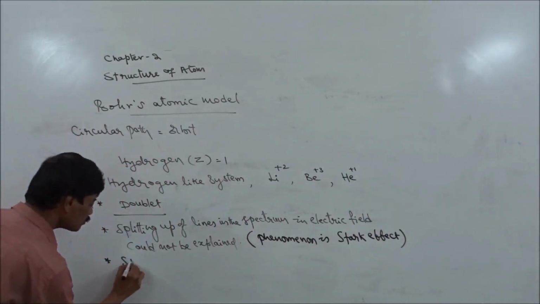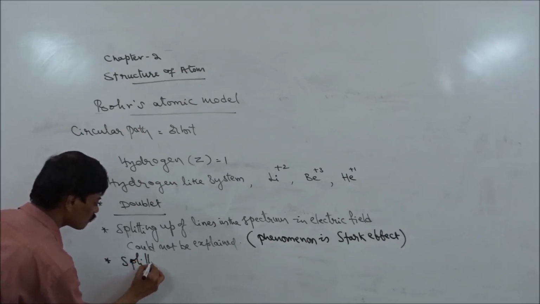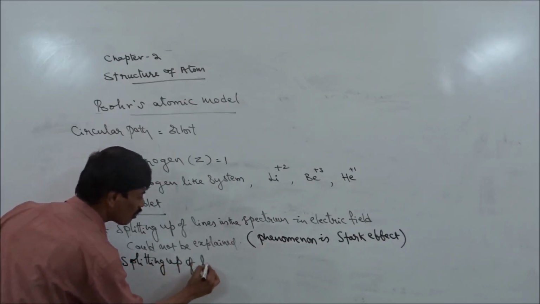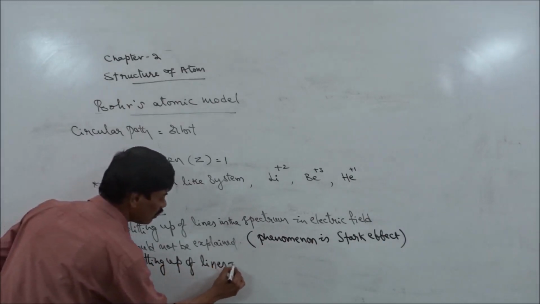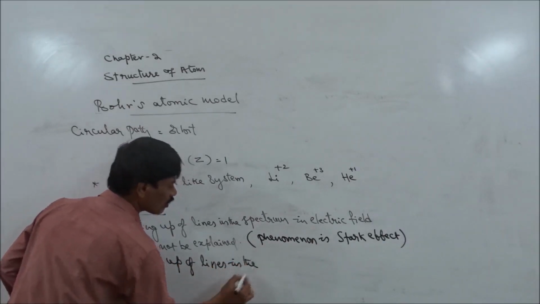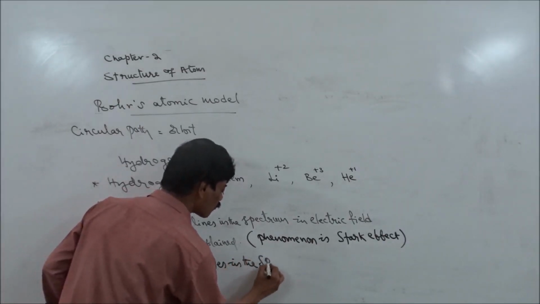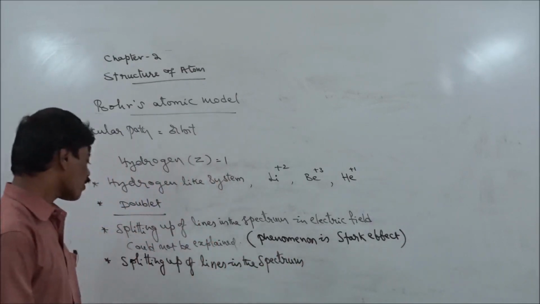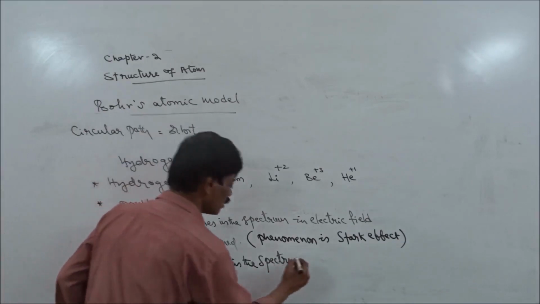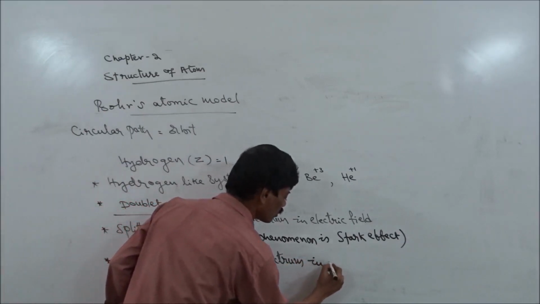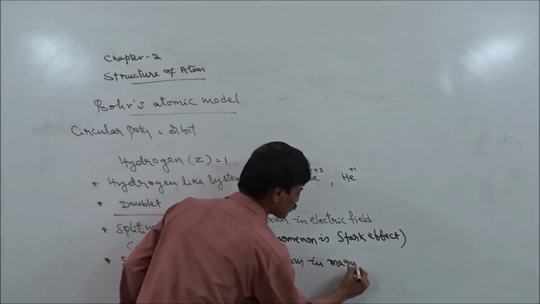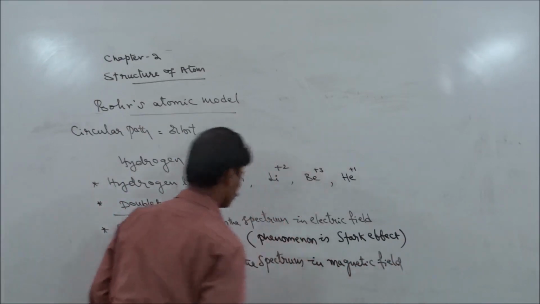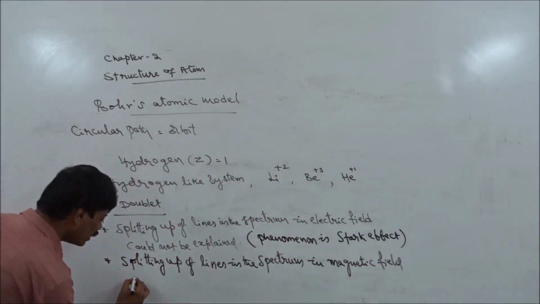So splitting up of lines in the spectrum in a magnetic field could not be explained.